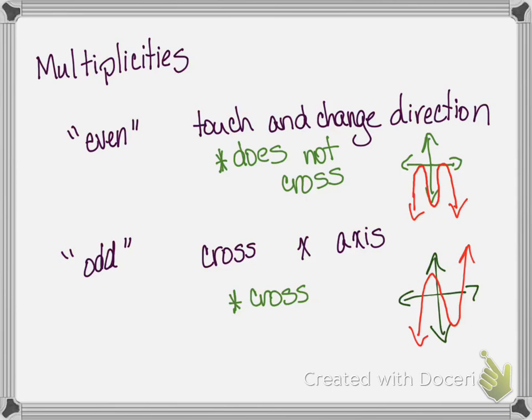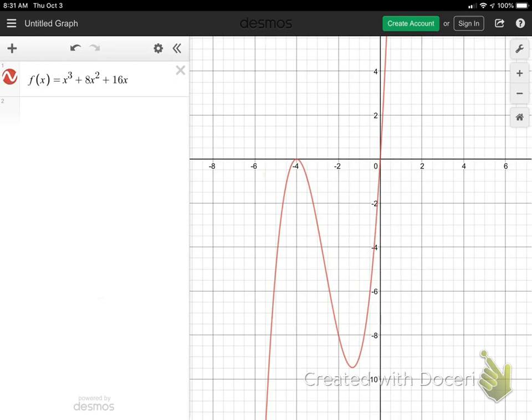Now this is in Desmos. So I am inside Desmos and I have graphed x to the 3rd plus 8x squared plus 16x. Now, because of the x to the 3rd, we know my end behavior is going to go in 2 different directions.